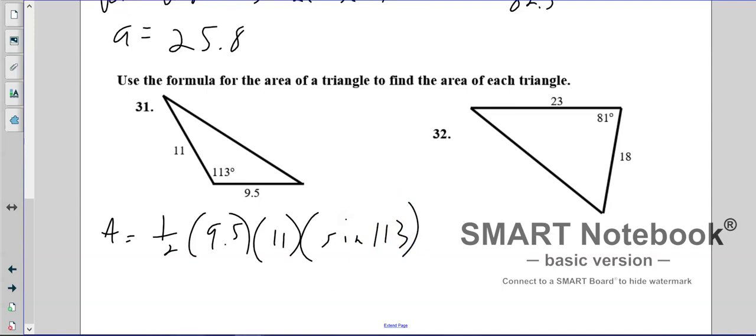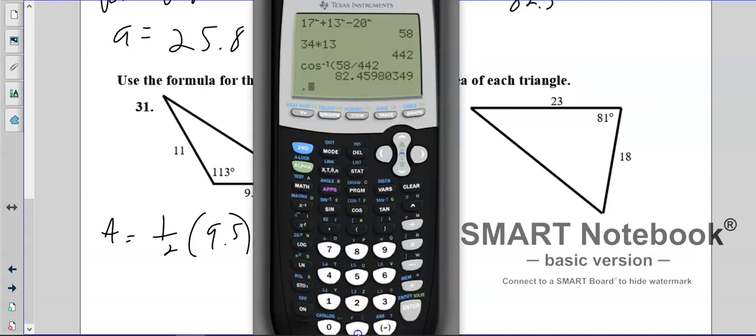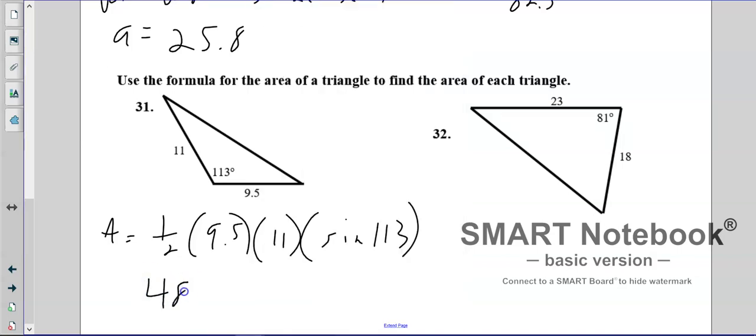You just type it in. So I like to do 0.5, just instead of worrying about fractions, times 9.5 times 11 times sine of 113. If I do the sine last, I don't have to worry about closing the parentheses. And that gives me 48.09, so 48.1. Now remember, it's square units because it's area.